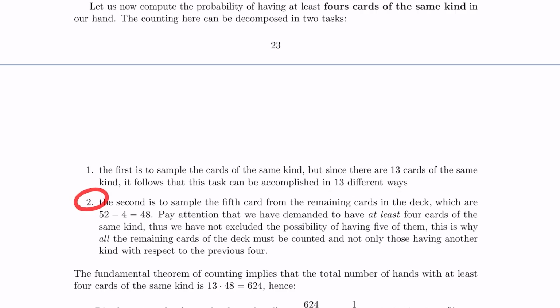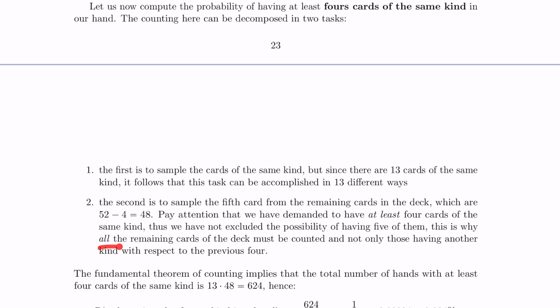The second task consists in sampling the fifth card from the remaining cards of the deck, and this can be performed in 52 minus 4, that is 48 different ways. Notice that this is the correct counting, because we have demanded to have at least 4 cards of the same kind, and we didn't exclude the possibility of having 5 of them.